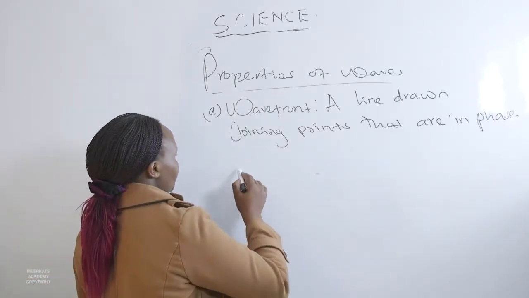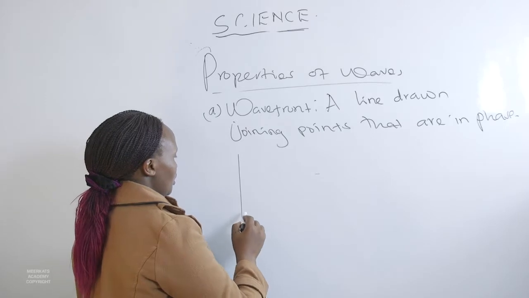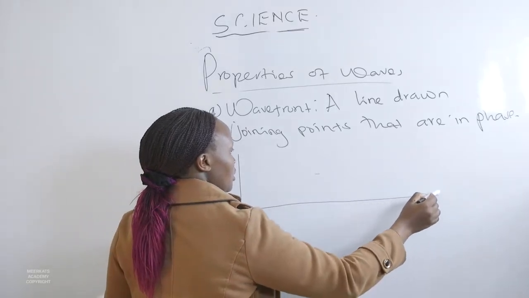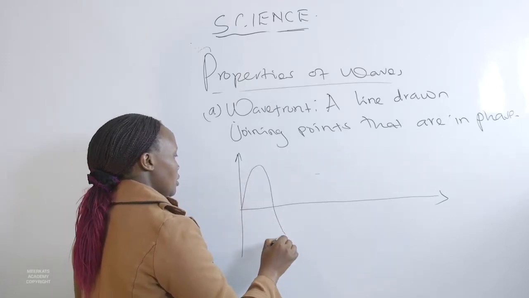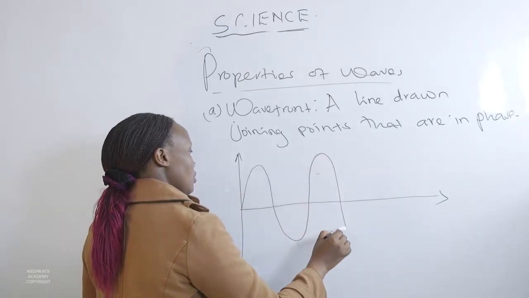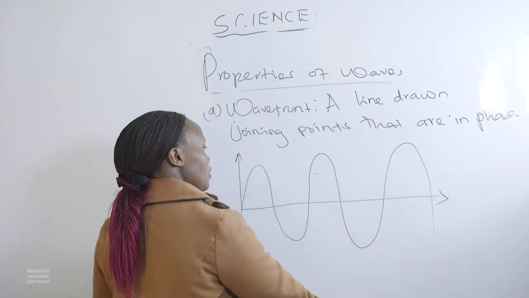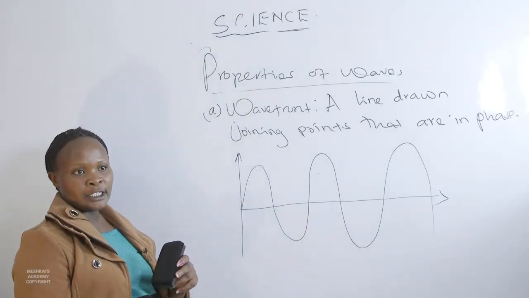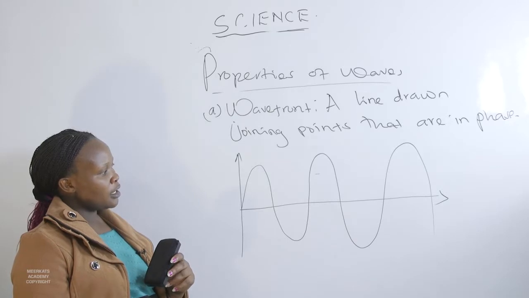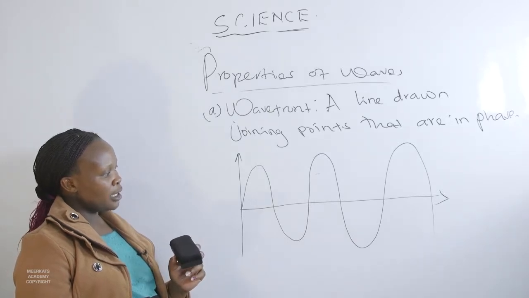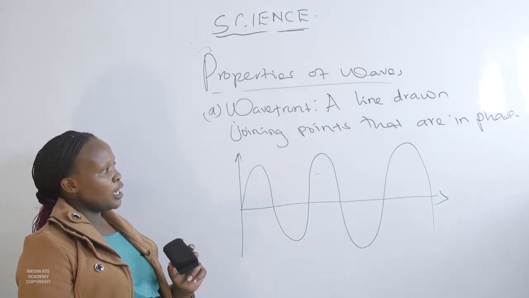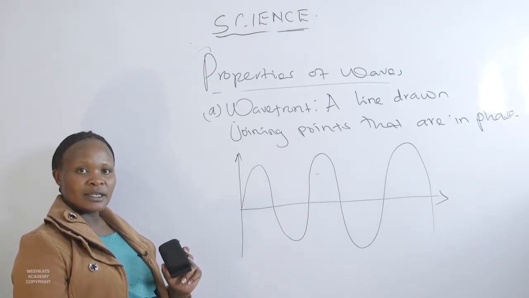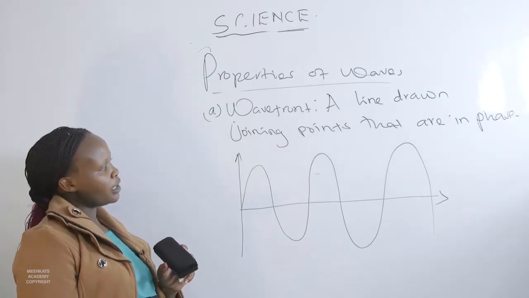For example, if you had a wave train of transverse type, points that are in phase are those that are traveling in the same direction and are at the same level of displacement.